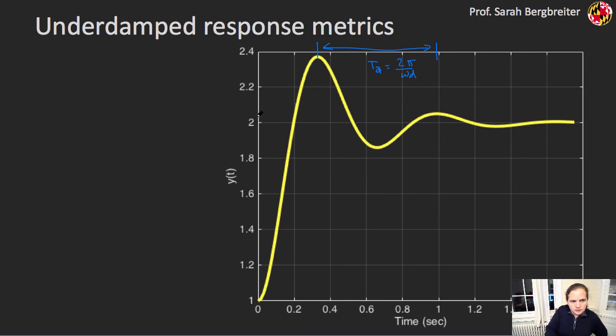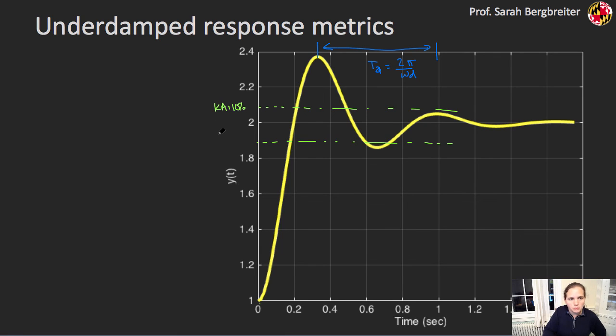I'm also going to define a settling time, basically the point at which I end up within 10% of my final value here. So this is Ka plus 10% of the total step. In this case, the step was 1. I went from 1, which was my y naught, to 2.